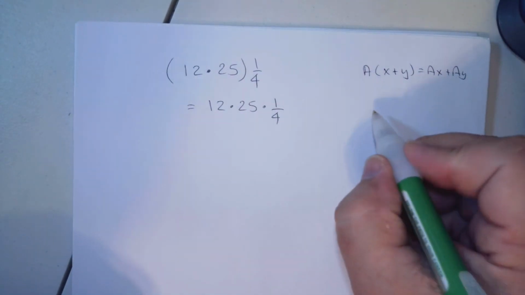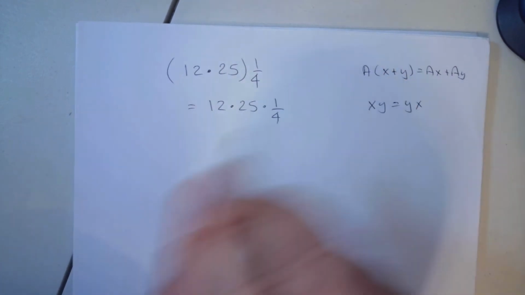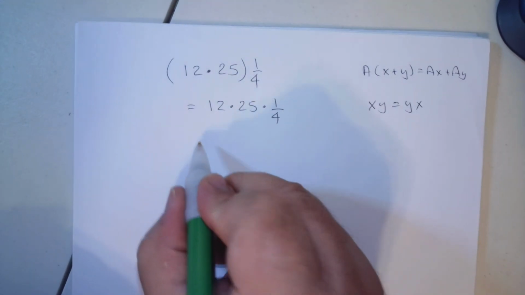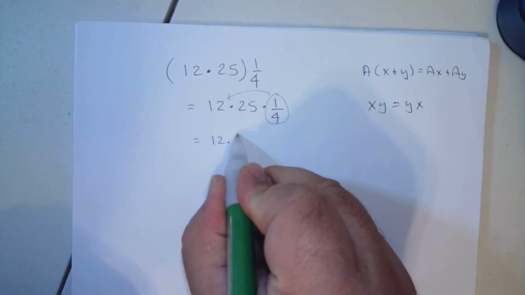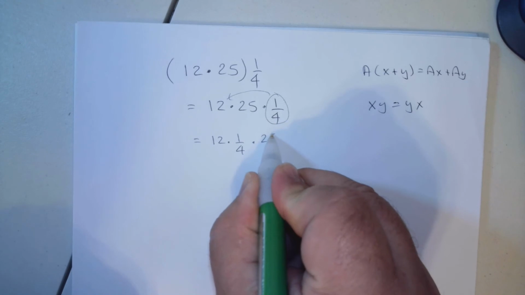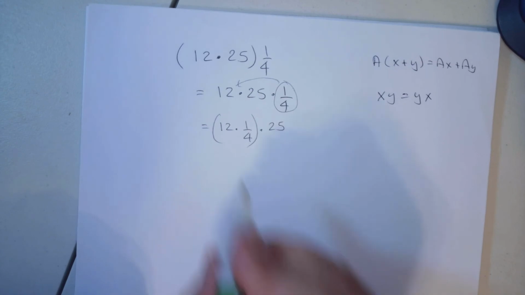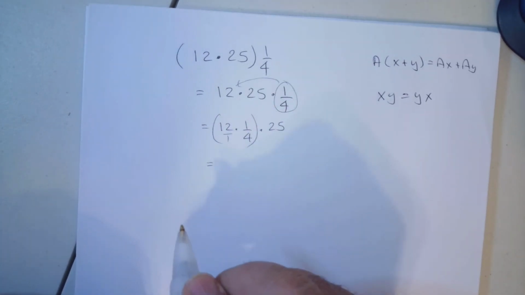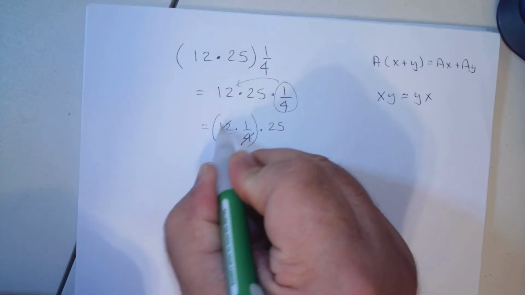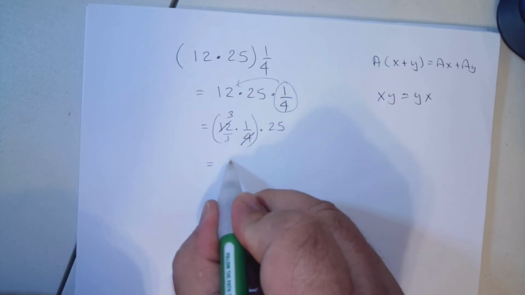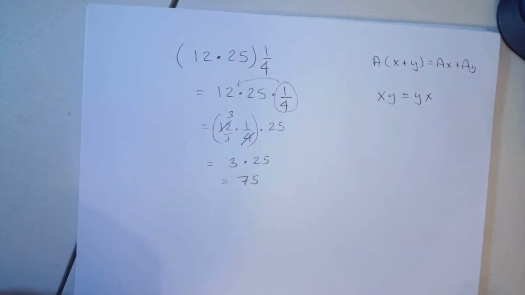Because of the commutative property, x times y is the same thing as y times x. I can move them around as long as they're still multiplied. So I move this next to that. I'm going to do those first. So it's 12 over 1. Remember, before you multiply, always reduce. 4 goes into 12 3 times, so we have 3 times 25 equals 75.